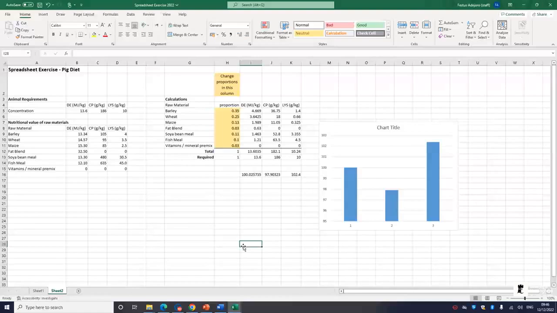By the time the animal eats 1 kg, it gets 100% energy for its energy need, and it's only getting 97.5 or 97.8 of its protein requirement. Meaning they are to build tissue, which is what protein is needed for, isn't it? It's not met 100%.